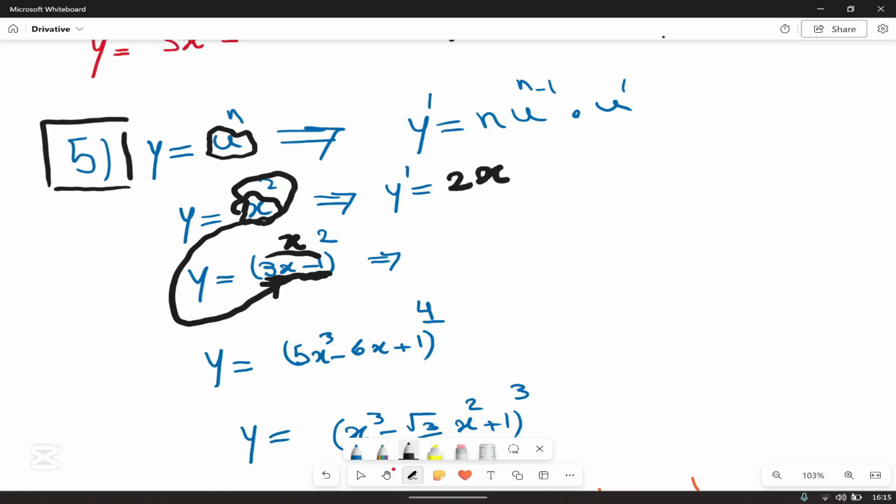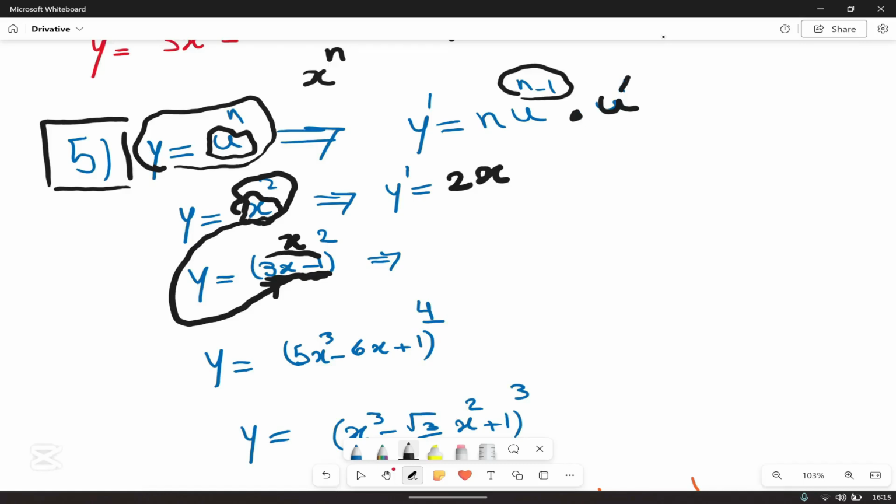Therefore, if I am going to calculate this, you also first consider it is u power n. The result is n u power n minus 1. And after that, you must multiply by u prime because u is not exactly x. It is a function with x variable.